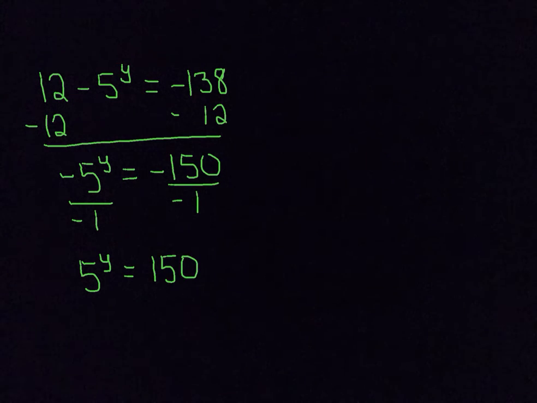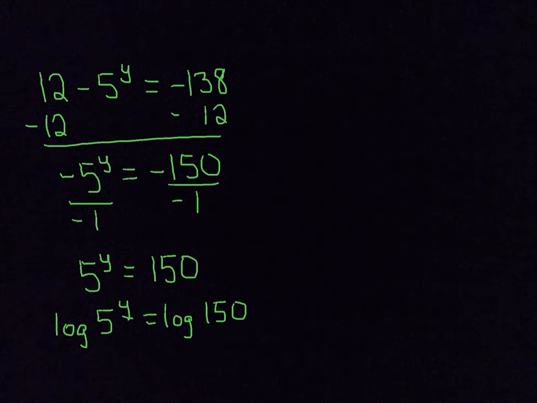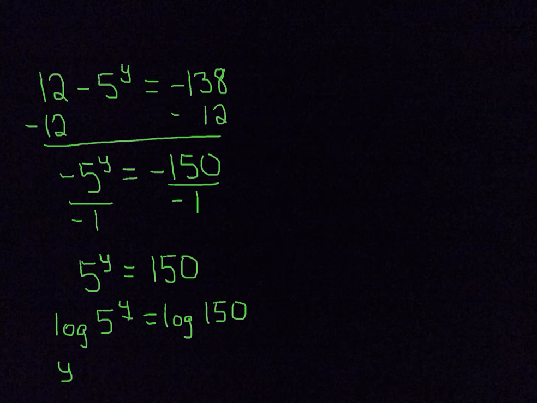Now, we're close. We need to get this figured out. You can take the log of both sides. The log of 5 to the y power is equal to the log of 150. That's how you solve exponential equations. You take the log of it. When you do this, the properties of logarithms say move that exponent to the front.